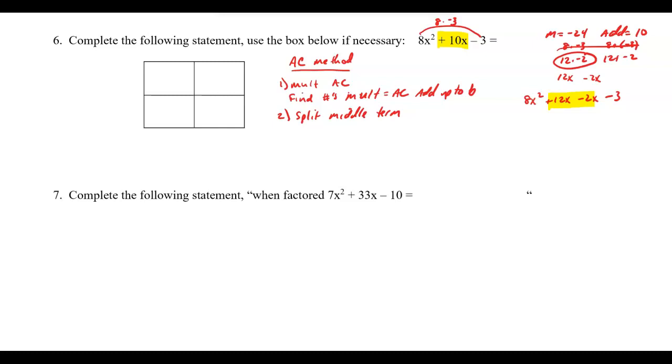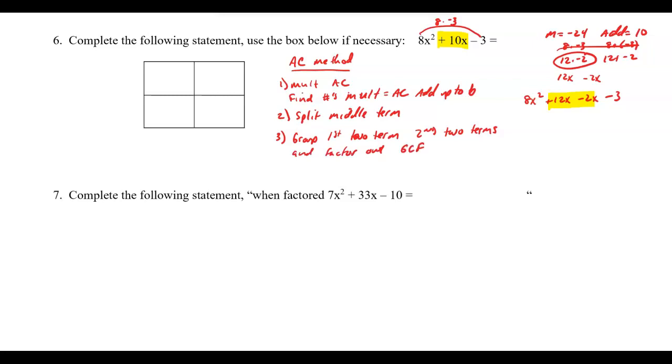Now, what I do next is group the first two terms and the second two terms and factor out the GCF.